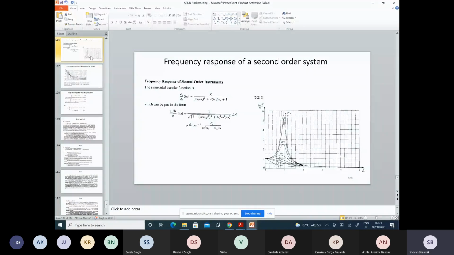But if you have complex conjugate poles, near the double pole or the corner frequency you will get a little bit of rise in the gain plot. So that is the way it helps. Okay, is it fine, Utkarsh?